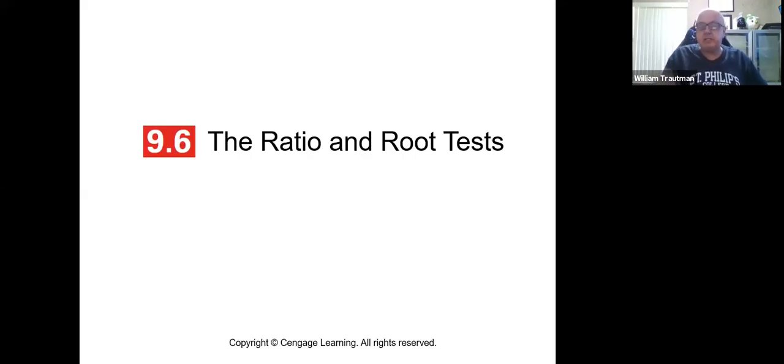Hi, everybody. This is Calculus 2, Section 9.6, the ratio and the root test. Ratio just means fraction. So in the ratio test, what we're going to do is divide.